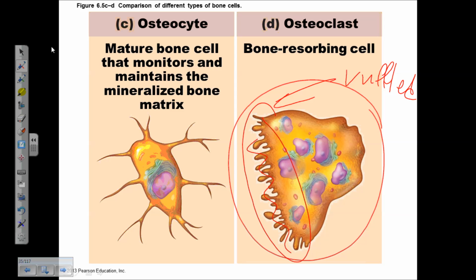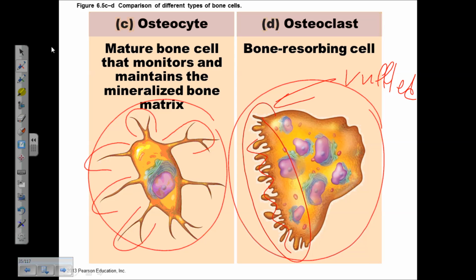And here's osteocyte. What I want to point out here is that osteocyte has those dendrite-like projections. And I want you to pay attention to them and remember them, okay? Remember that osteocytes have those dendrite-like projections.